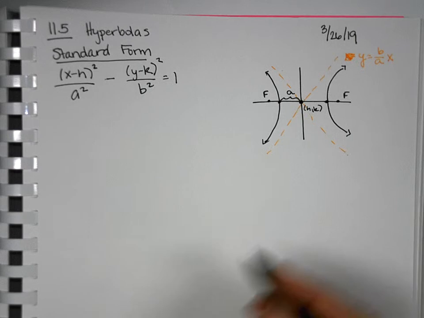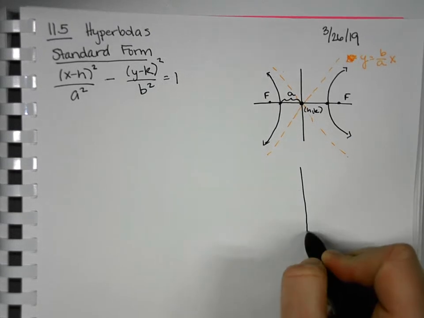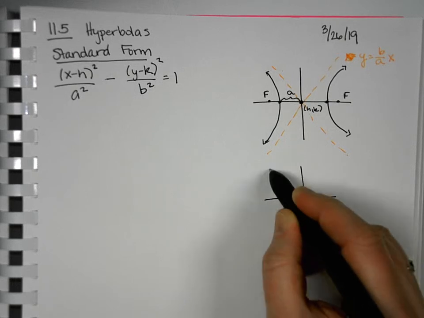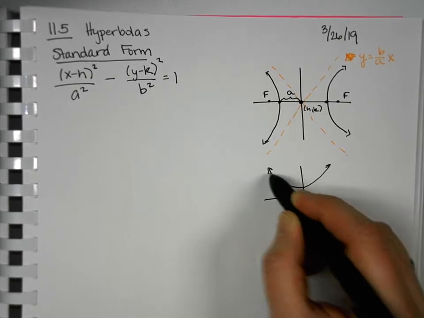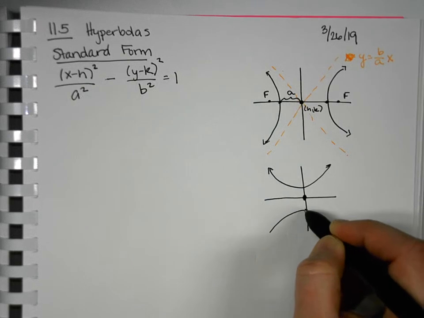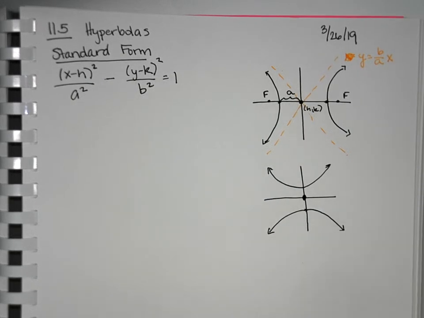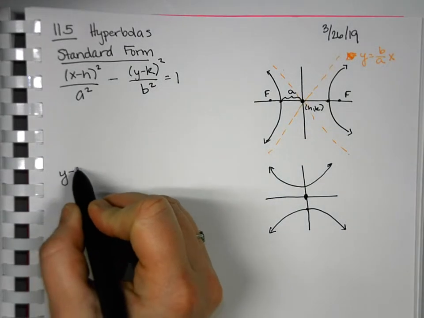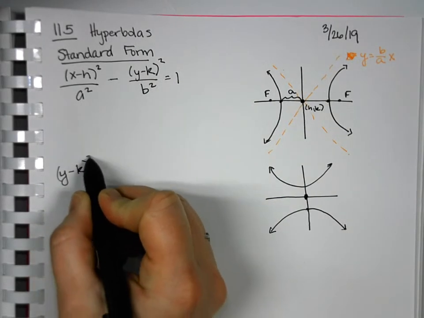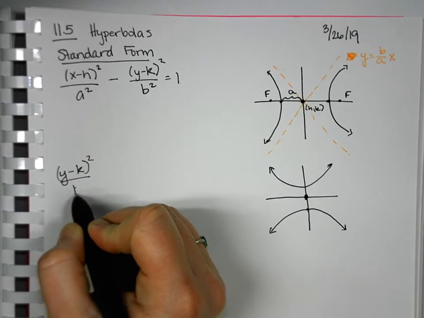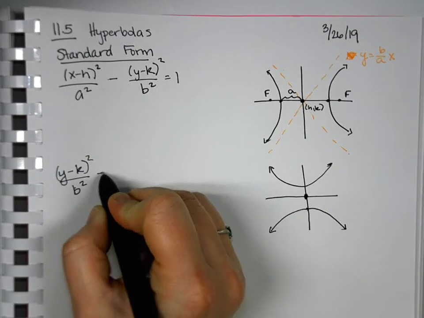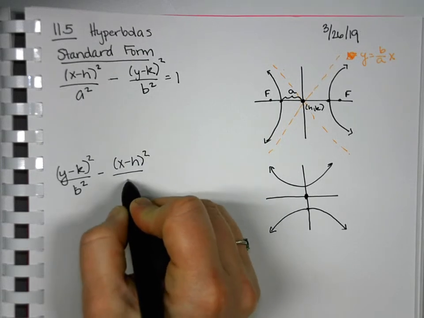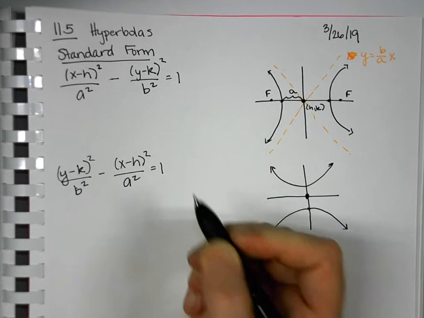Now if we were to switch the direction of our hyperbola, so let's say we wanted it to go up and down, how that would change your standard form is you'd have (y minus k) squared over b squared minus (x minus h) squared over a squared equals 1.